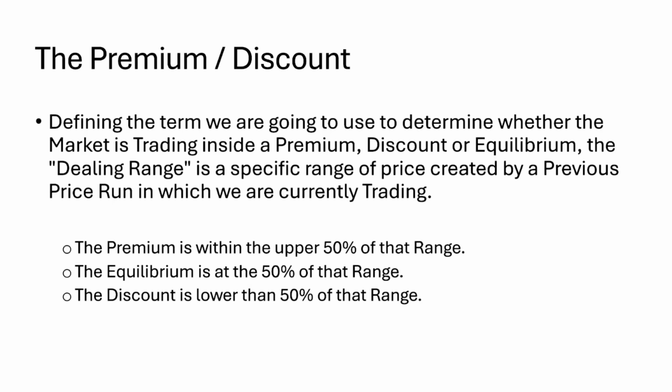Or for instance, if we look at the price action with a vertical line at 8:30 in the morning New York time, and then the market trades lower than the 8:30 opening, then that is a discount. So this is not a premium discount only in terms of a dealing range. This is also based on time and price. Where is the market trading in relationship with this time or this opening price?